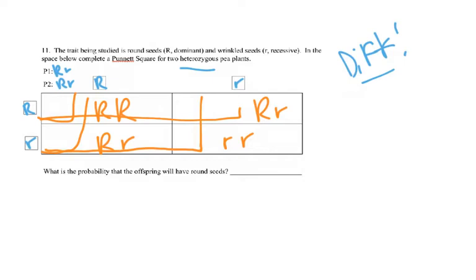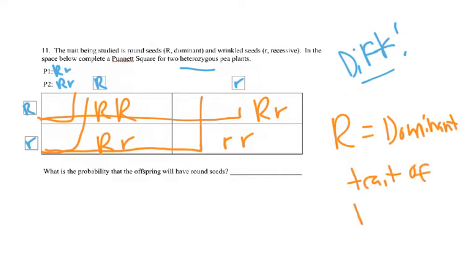So anyone that has a big R in it will have the dominant trait of round seeds. So I see 1, 2, 3 that have the big R in them. So that's 3 quarters, which is the same as 75%.